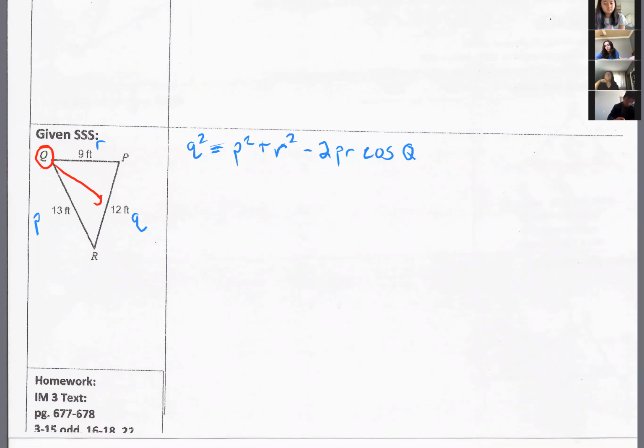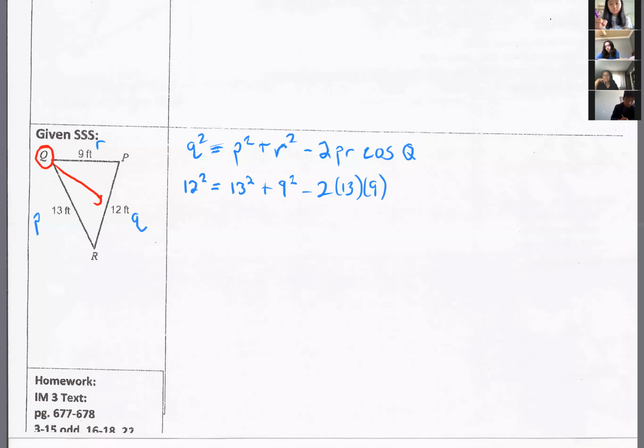Okay, so we know little q is 12 from the picture. We know little p is 13. We know little r is 9. So, minus 2, we just said p is 13, r is 9.